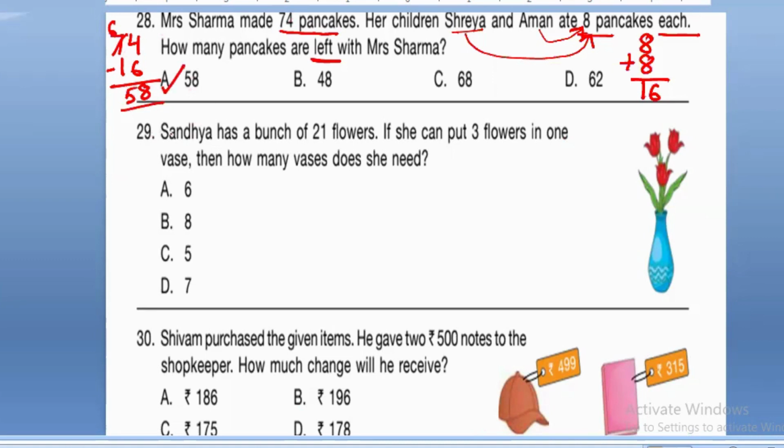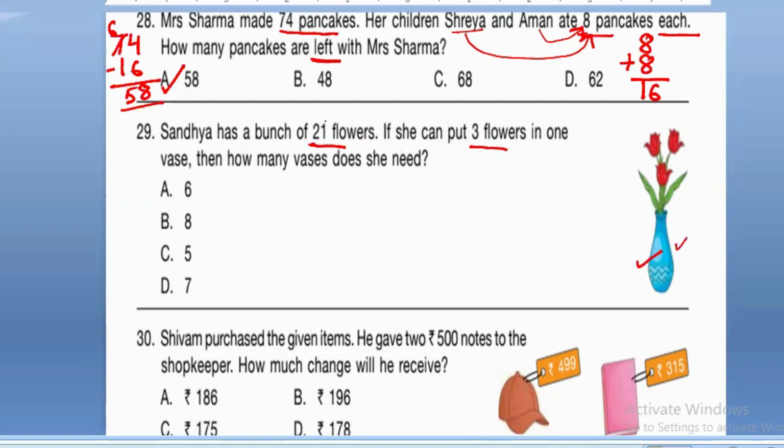Now let's move to question number 29, which is: Sandhya has a bunch of 21 flowers. Now if she can put 3 flowers in one vase like this, then how many vases does she need? So she had a total of 21 flowers and she can put only 3 flowers in one vase.